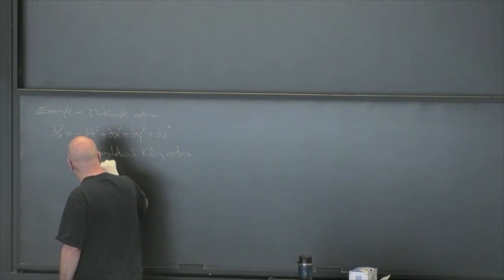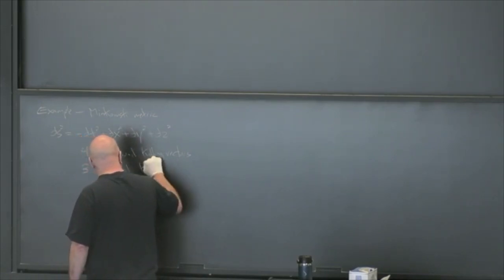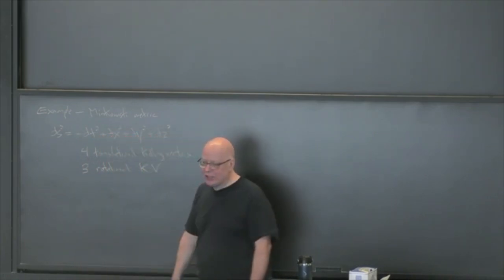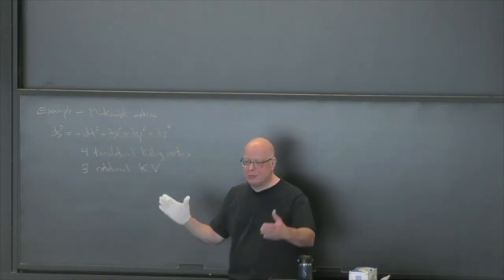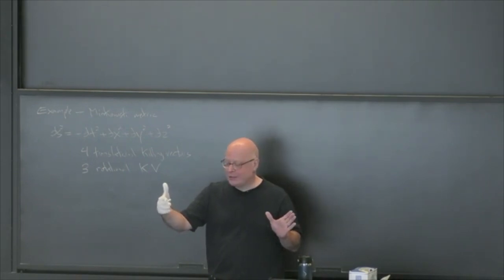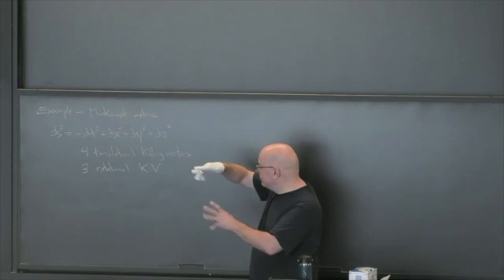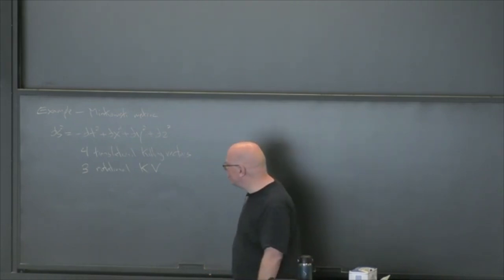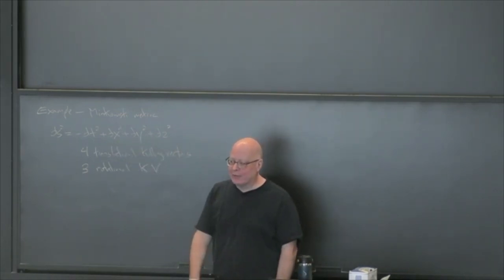We have 3 rotational killing vectors, and that's just a statement that if you take this coordinate system and you rotate it in any direction, and there are 3 rotational angles you can introduce to do that, you'll still get a metric of exactly the same form.